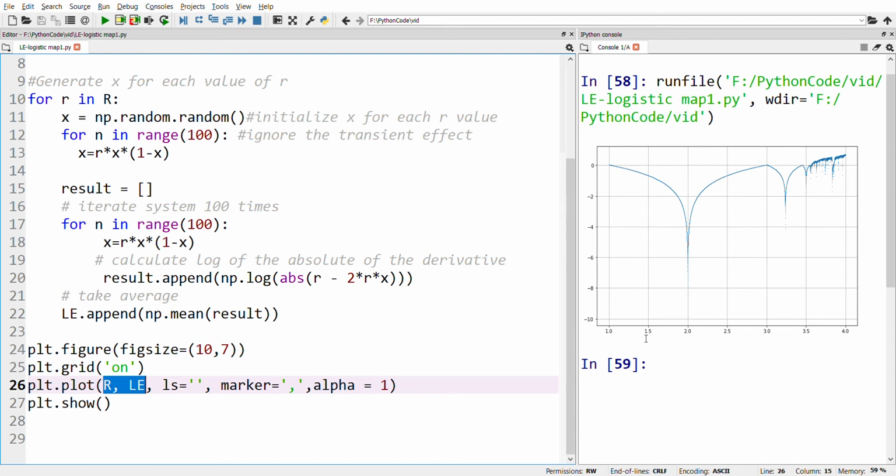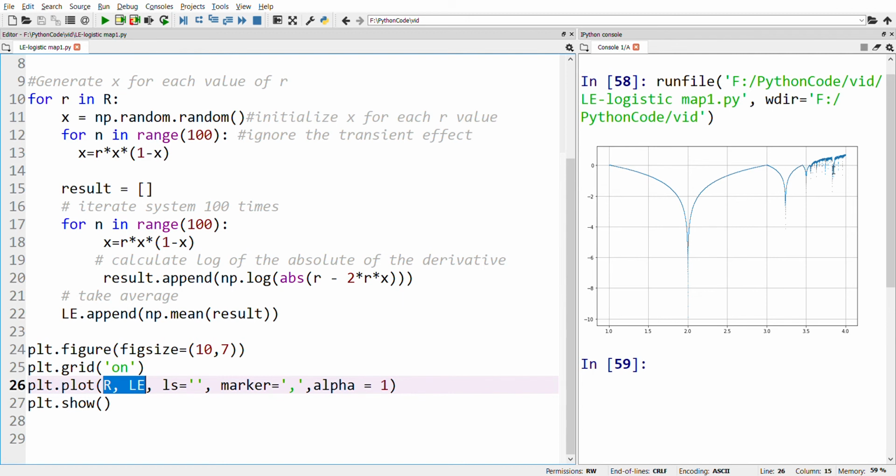Therefore, for R ranging from 1 to 3.5 or nearly 3.6, the logistic map is non-chaotic, and for the control parameter range R greater than 3.6, the Lyapunov exponent is growing positive, and therefore it is chaotic only in this range.